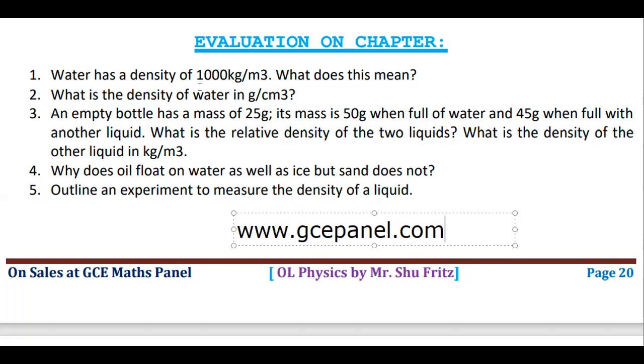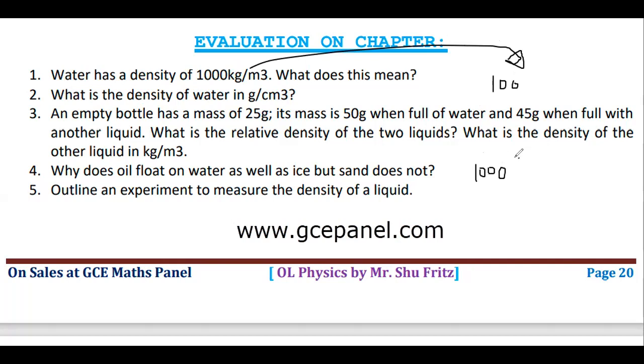Now, what is the density of water in grams per cm cube? They just want us here to convert this density to grams per cm cube. So this is 1,000, the numerator. Let me write it down. So this is 1,000, already there.